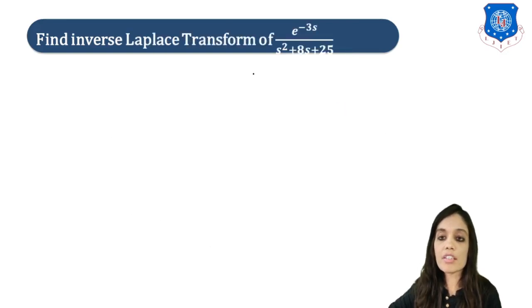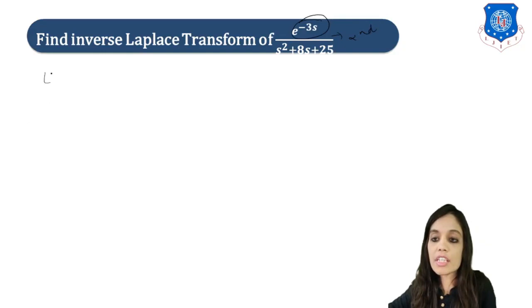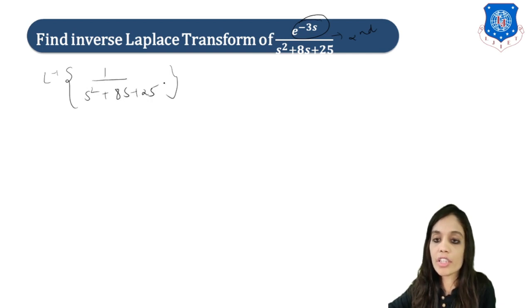So now let us discuss one more example. We have to find inverse Laplace transform of the given function. So here you can see e, right? So we will apply second shifting theorem. So firstly let us find Laplace inverse of 1 upon s square plus 8s plus 25.